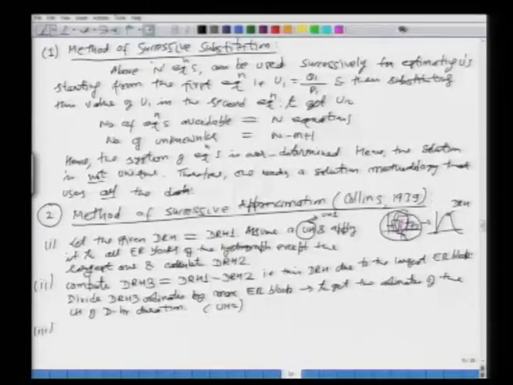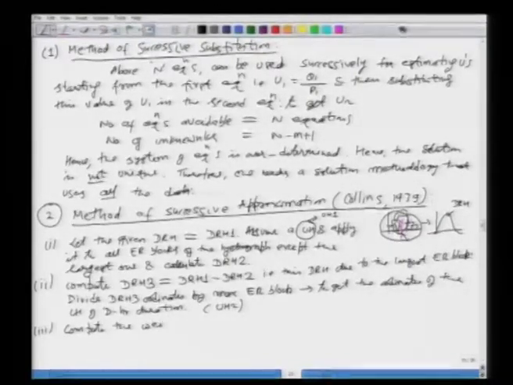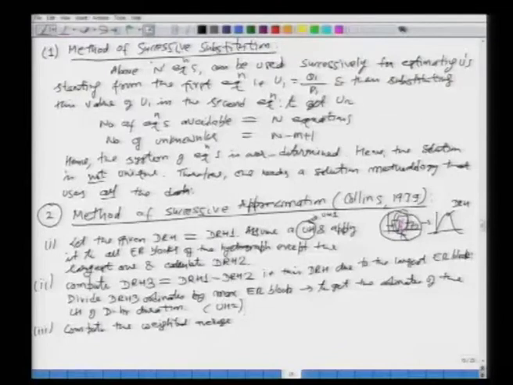Then in the next step, what you do is you compute the weighted average or average of what? The assumed UH, UH1, and the residual UH which you have just found out in the previous step, let us say UH2.